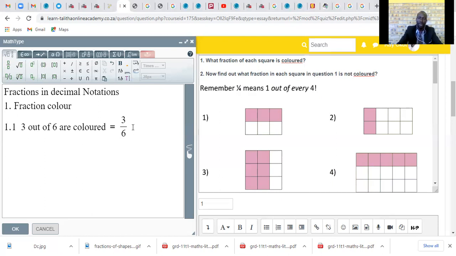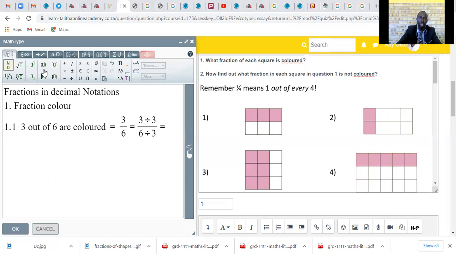Now notice that this numerator can be divided by itself, okay? Well, what are we trying to say? We're actually trying to say 3 can be divided by 3. And when we divide 3 by 3, we also need to do the same with the denominator. What is that supposed to give us?